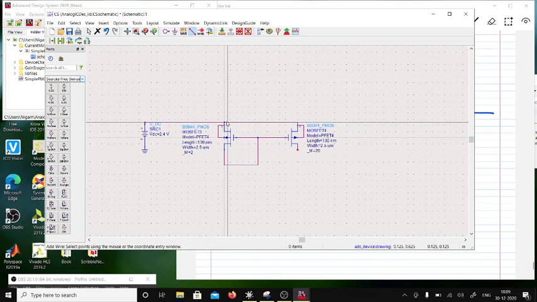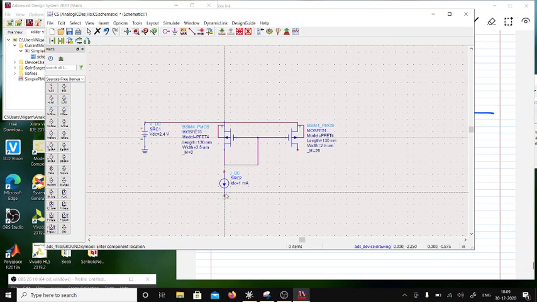And what you do here is put a current reference. I'm going to keep this current reference at 100 microamperes, and I'll tell you what happens. There are lots of trade-offs involved here.